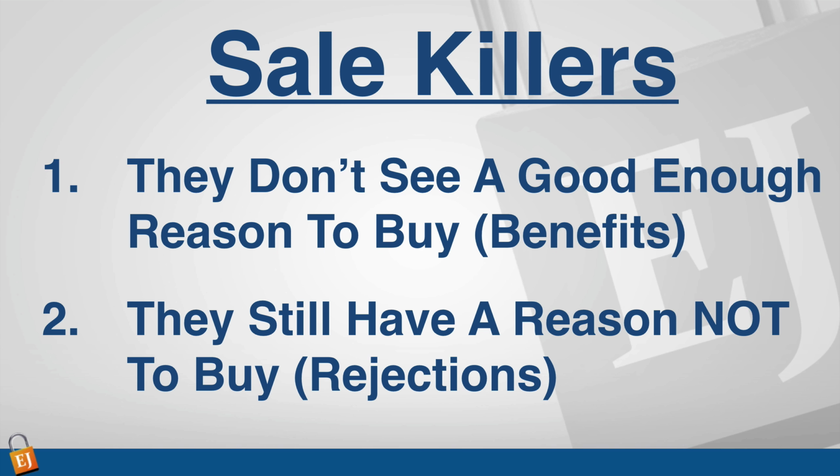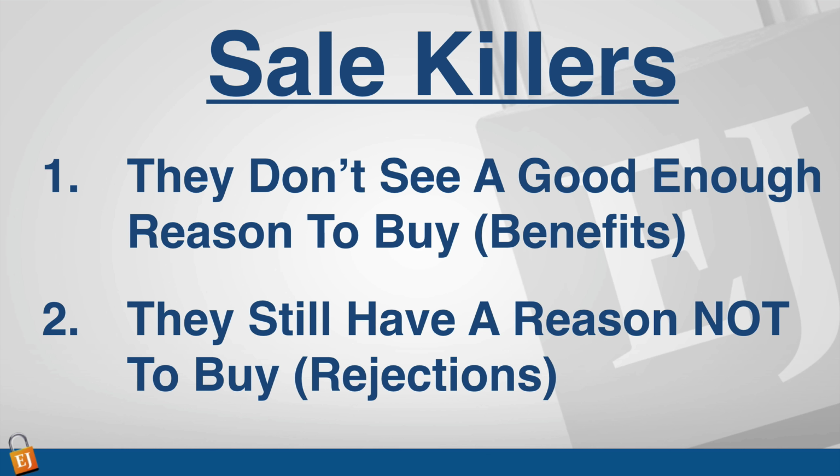Or two, your sales page has not dealt with a particular rejection point that's causing them to not buy. So this is kind of like the opposite of a benefit. Rather than not seeing what they want, they're still fearing something that you haven't eliminated. They might be afraid that your product is perhaps too expensive and you haven't justified the price.